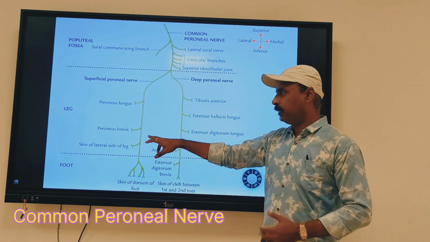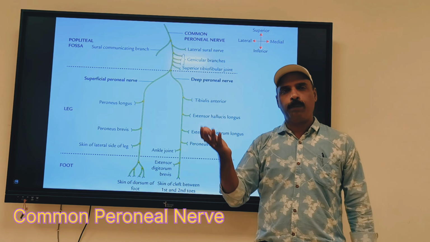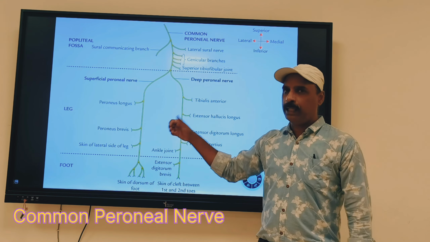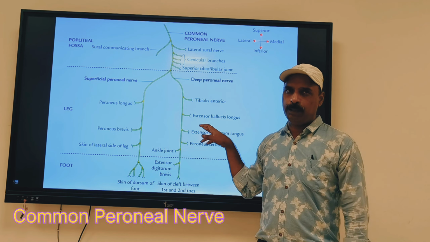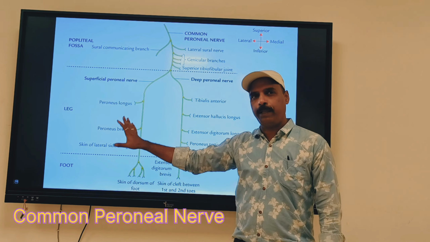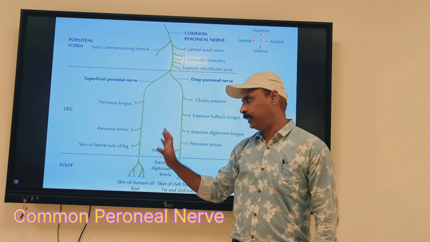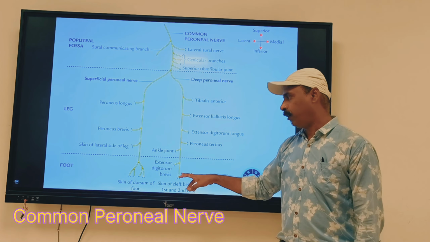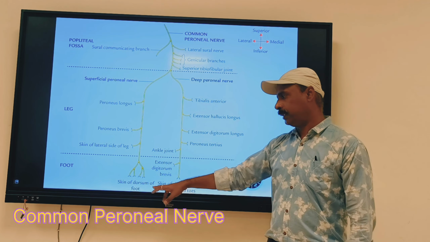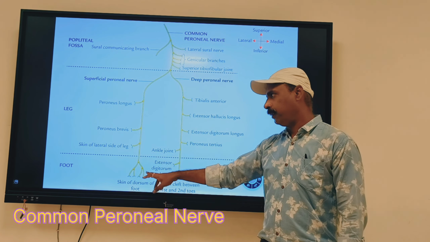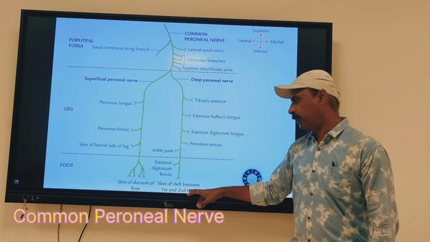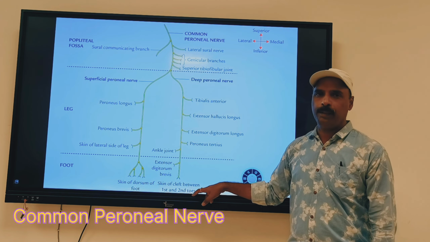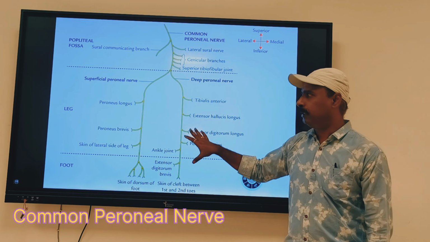So you get the peroneal group of muscle, superficial peroneal and deep peroneal. Only peroneus tertius is supplied by the deep peroneal. Peroneus longus and brevis are all supplied by the superficial. In the foot region, the extensor digitorum brevis and the skin of the dorsum of the foot have the superficial peroneal nerve, and the skin of the cleft between the first and second toes is supplied by the deep.